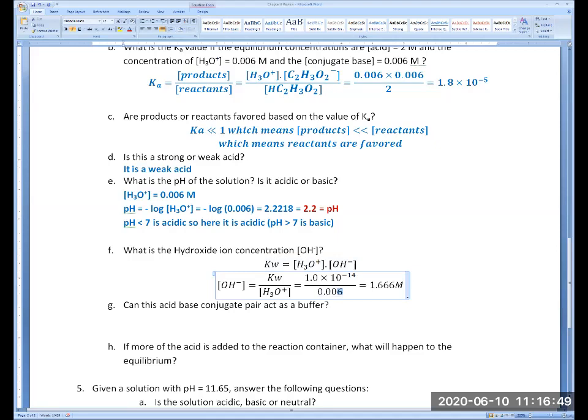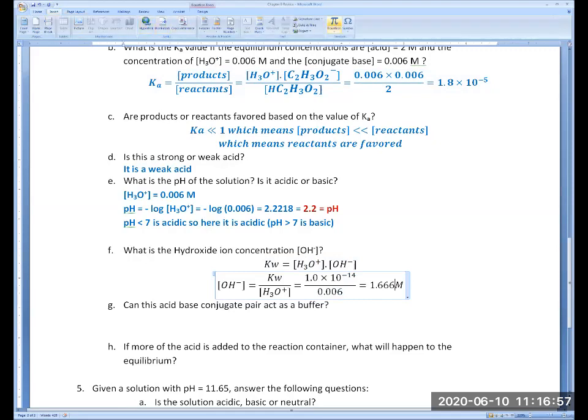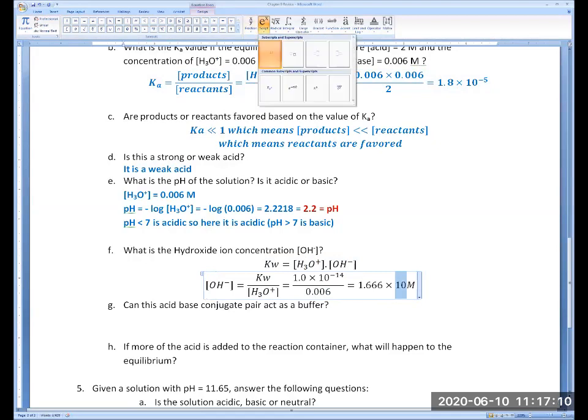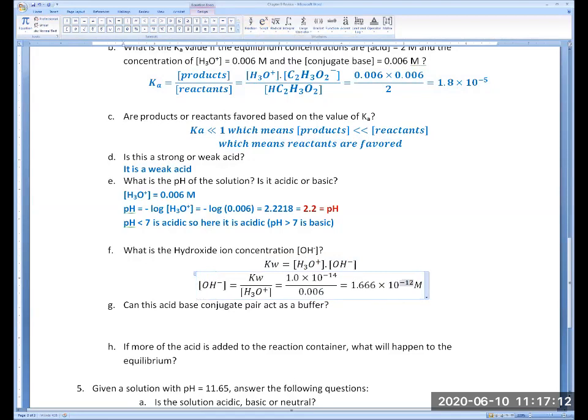So let me write the value, 1.666 times 10 to the negative 12. How do we round this so that we have only one sig fig?